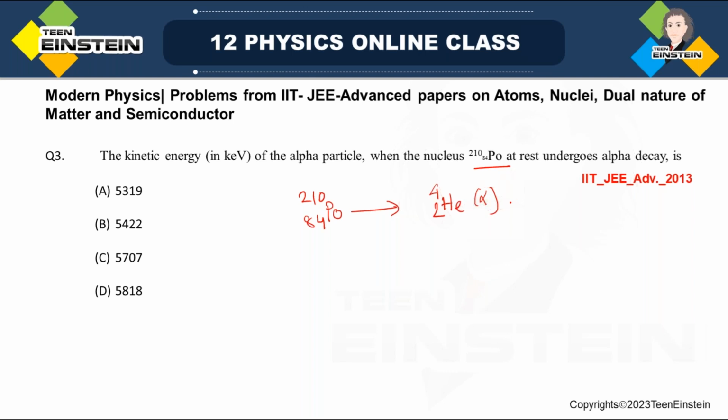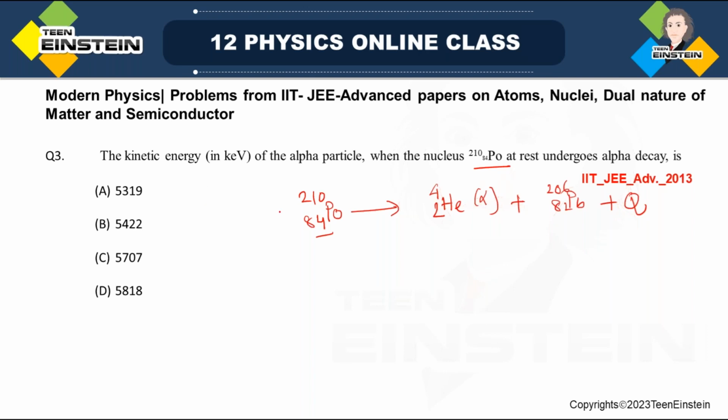So this is the alpha particle, and then there will be the recoil or the daughter nuclei. The daughter nuclei will be lead. This will be 82 and this is 206. Okay, and at the same time there will be some energy released, that is actually the Q value or Q.